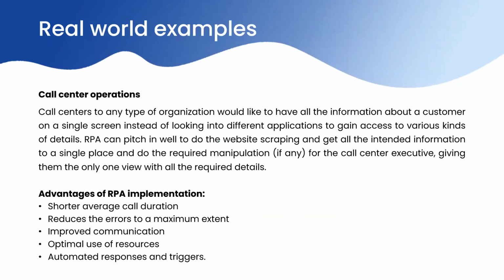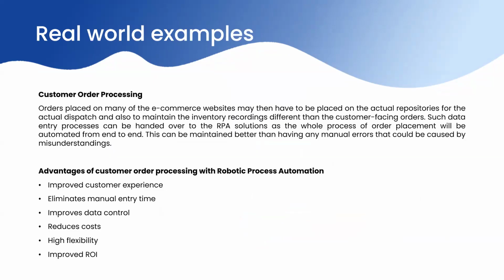Okay, call center operation, like how call centers are there in India and across the world. Customer order processing: earlier you saw Jeff Bezos sitting behind a table, picking orders on call, asking who is ordering and what's your address, and then noting it down, right? But now you have a website. When you enter your information, what happens?